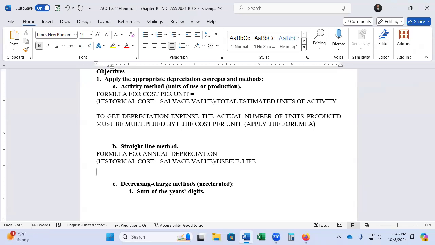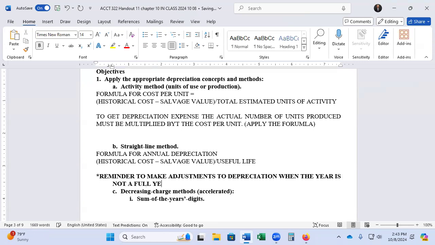And then this applies for all of them, but they like to throw in a change in years. So, a reminder to make adjustments to depreciation when the year is not a full year.